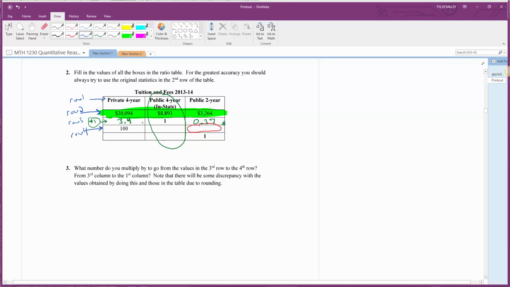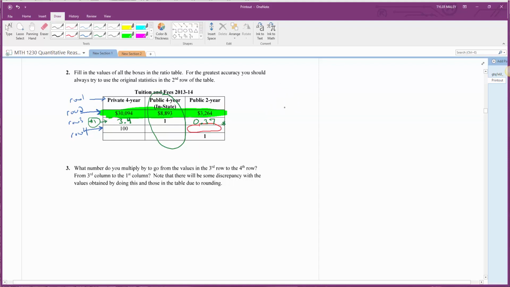I think I misspoke or misreferenced rows. What I was doing before was comparing row 3 to row 4, so I believe I wrote this wrong. You might want to correct that in your notes. I apologize for that. We were comparing row 3 to row 4.